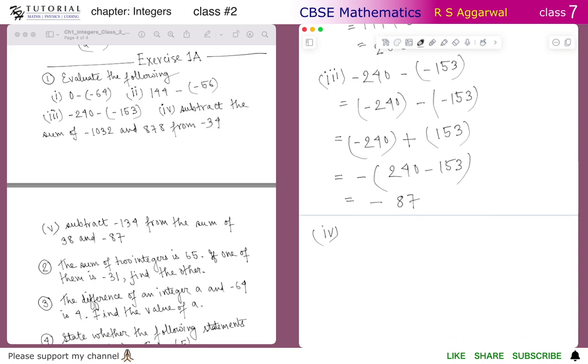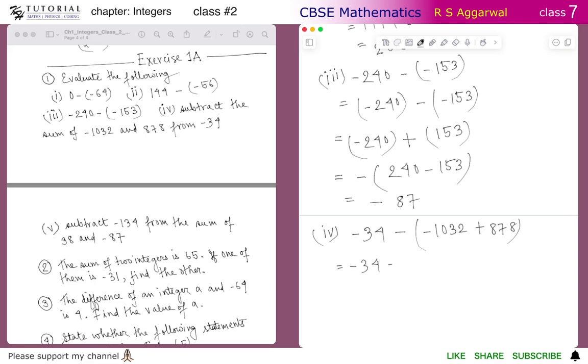Subtract the sum of, okay, so from minus 34, it is asking to subtract the sum of minus 1032 plus 878. Okay, fine. So first we have to find the result of the sum of minus 1032 plus 878.